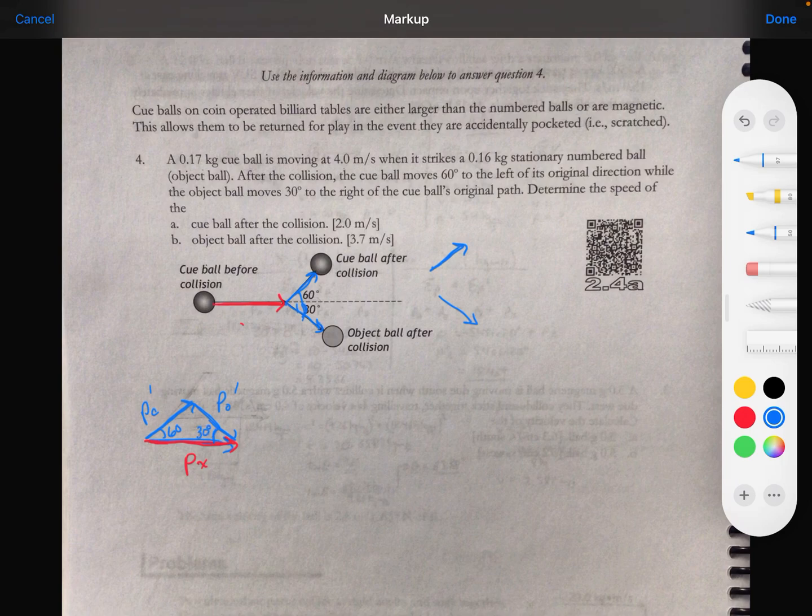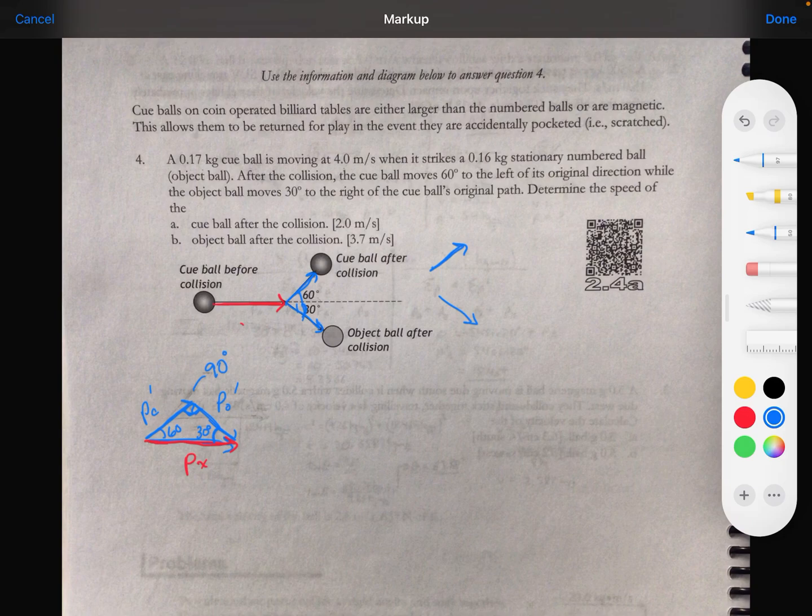Oh my goodness, when we have 60 and 30 degrees, what angle must this one at the top be? It absolutely must be a 90-degree angle, because 30, 60, 90 is going to add up to 180.